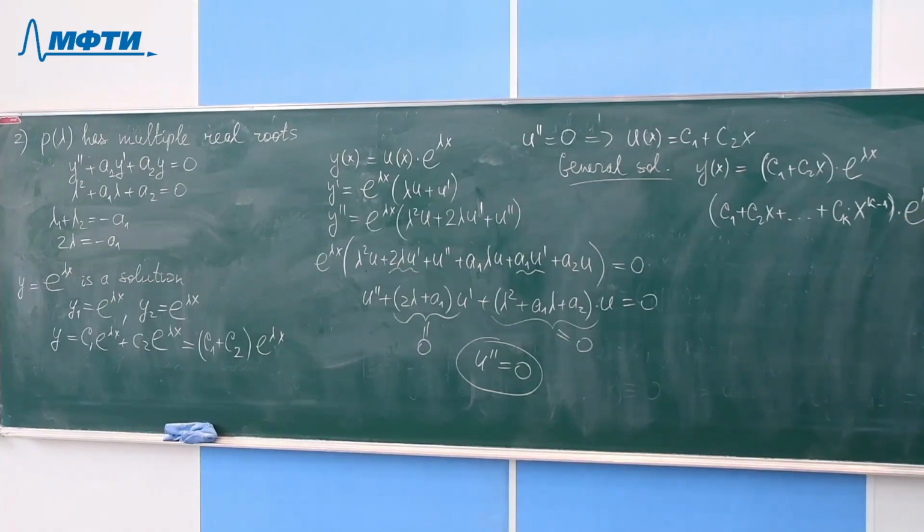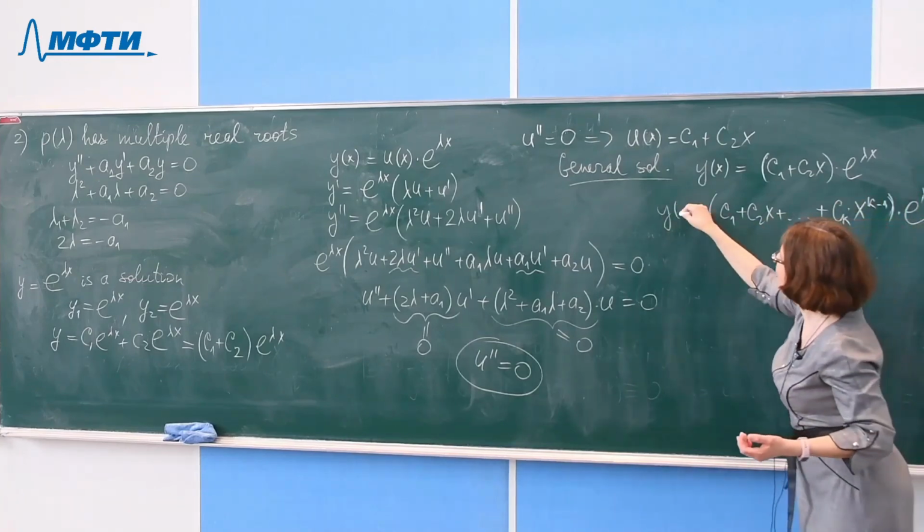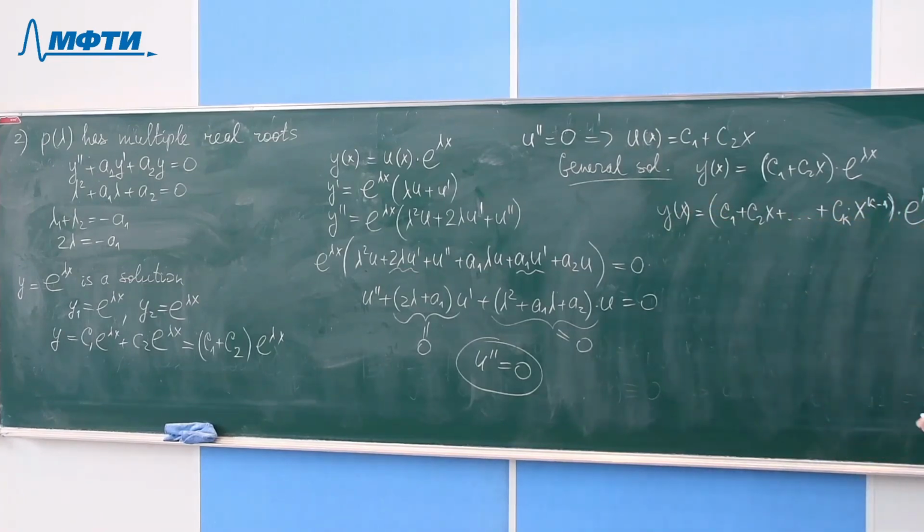If lambda is a root of order k, then the solution is represented in this form.